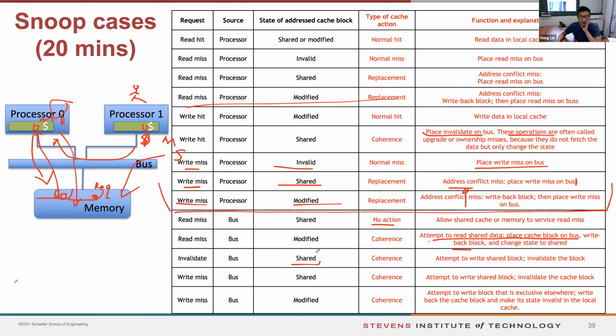If you are in the shared case but see an invalidate, you just change your status to invalid. If you have a shared case and see a write miss, you also invalidate your cache block. If you have a modified case and see a write miss, you write that cache block back and then make your status invalid in your local cache.